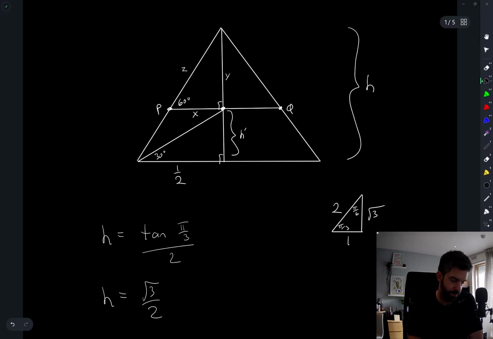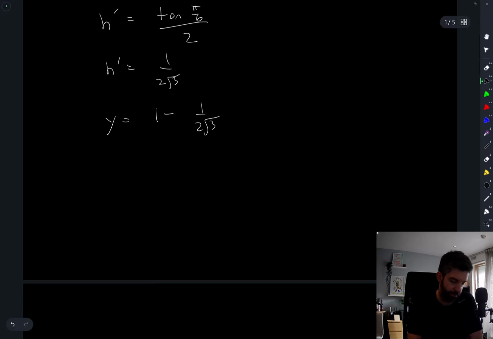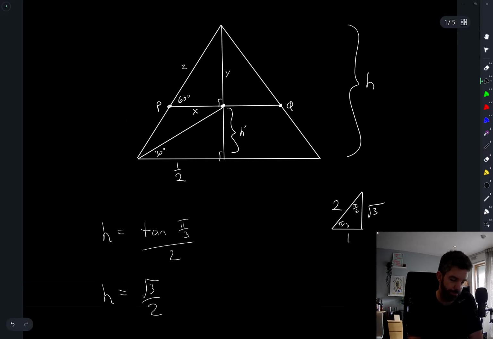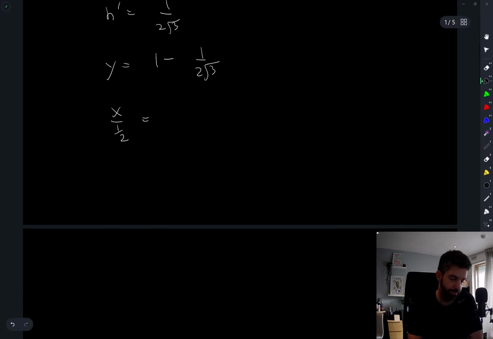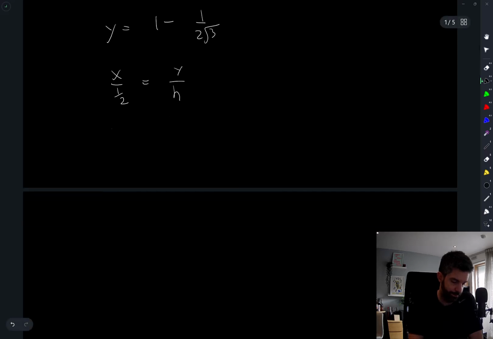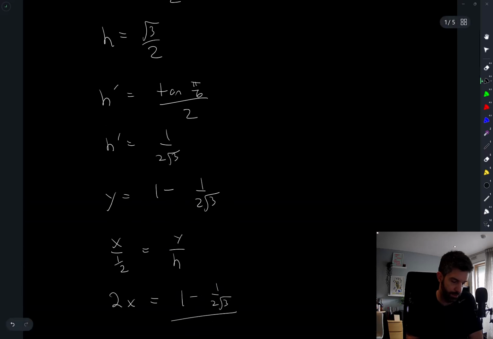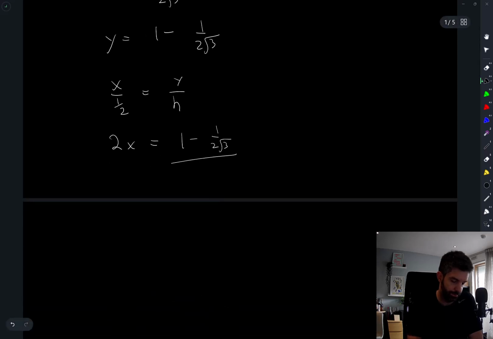And what did I have before? X over a half is equal to y over h. And h is root 3 over 2.